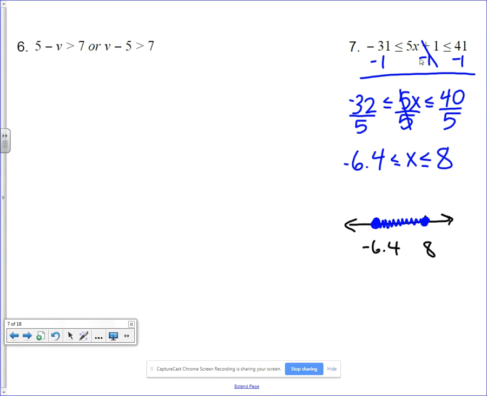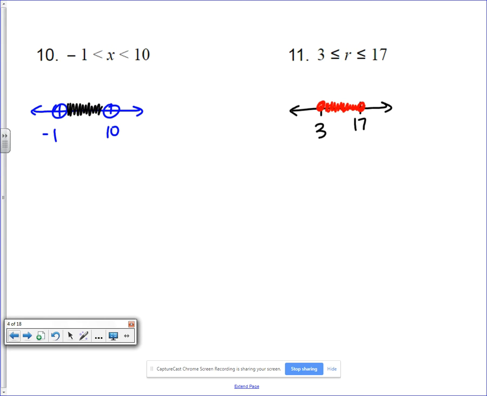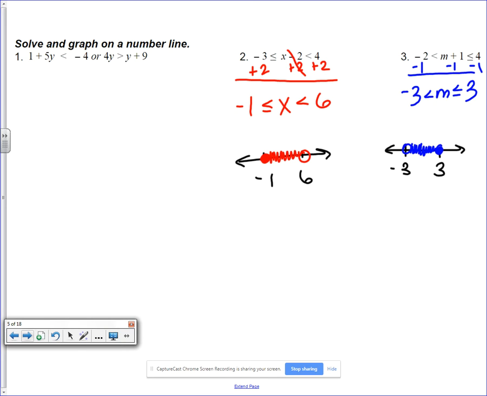I would like to go right back to the beginning, and then we'll just work through the rest of them. So I'm up at number 1. Is the variable isolated in the first inequality? It is not. Lucas, I think I'm back to you. Can you help me isolate that y in the first problem, please?